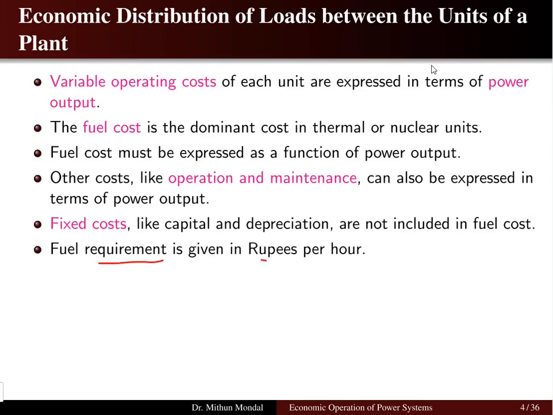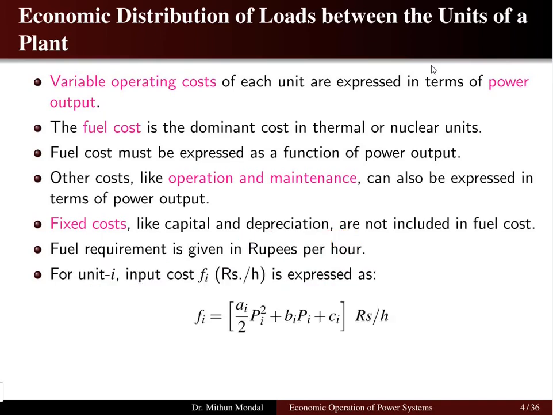Fuel requirement is given in rupees per hour. So we are taking the time duration of the power to be produced, and the unit is rupees in India, so rupees per hour. Now suppose for unit i, any particular unit of a power system plant, the cost involved in rupees per hour is expressed by a non-linear expression in power.